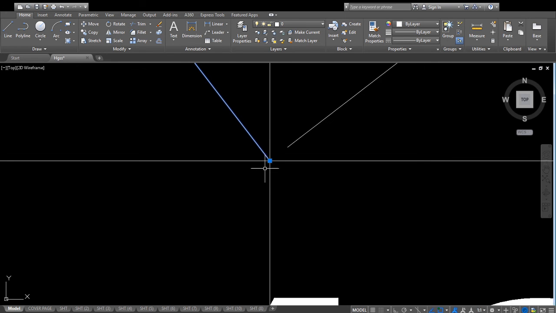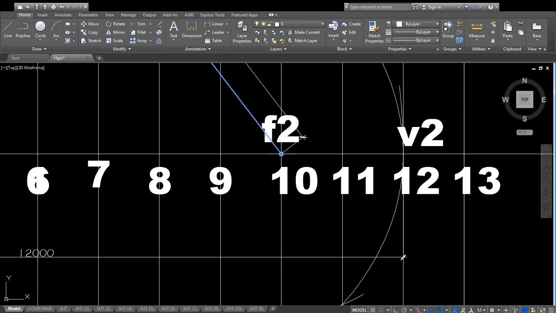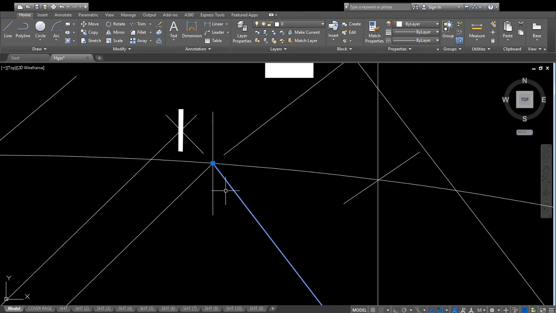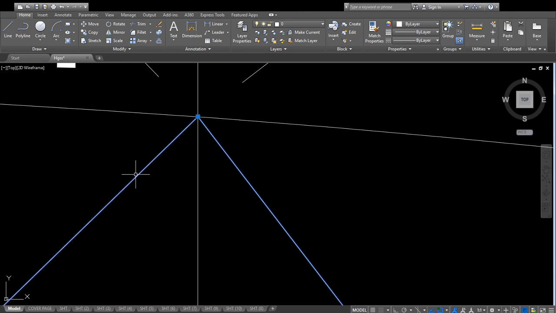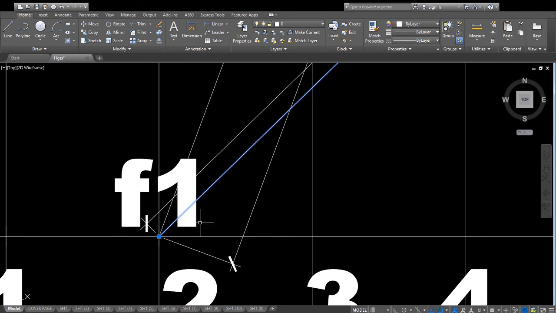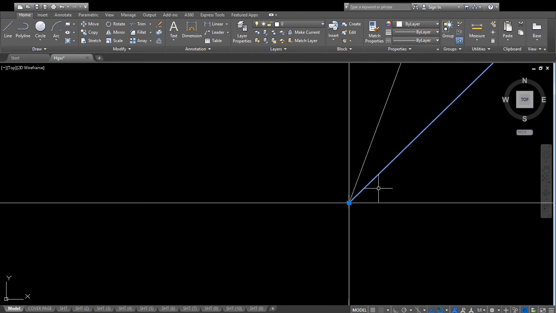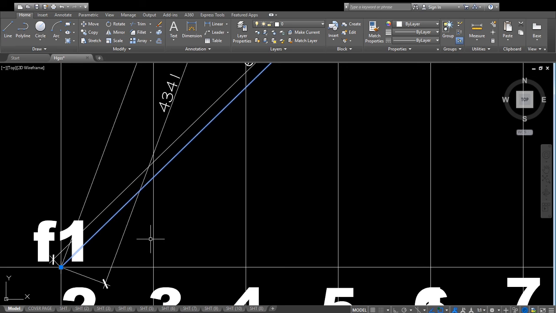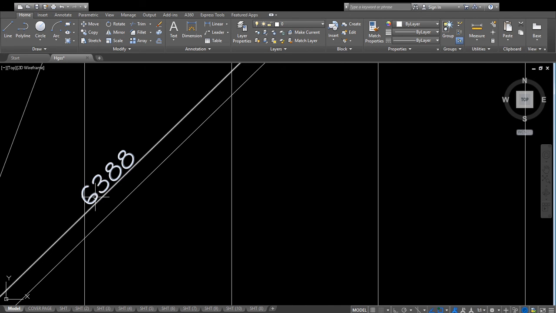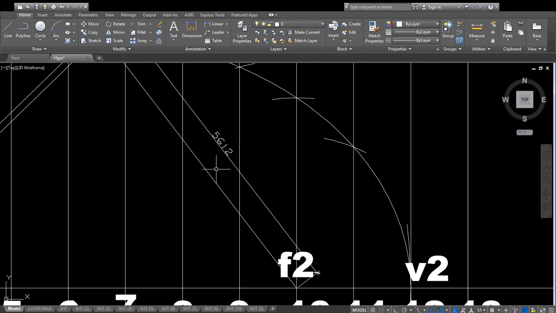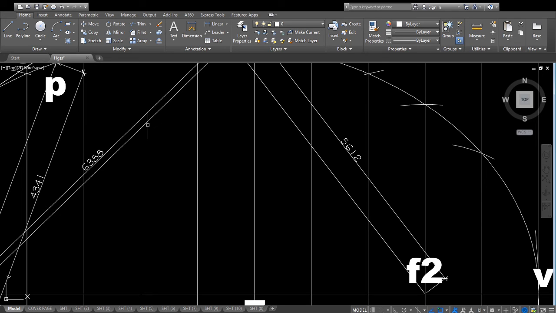Let's check our measurement very well. 6388 plus 5612 is 12,000.